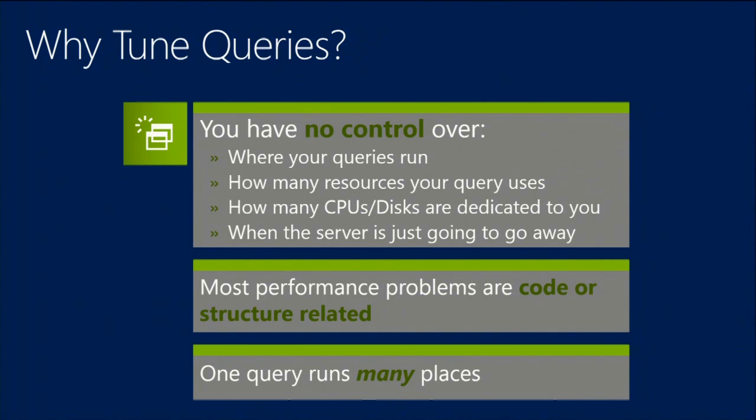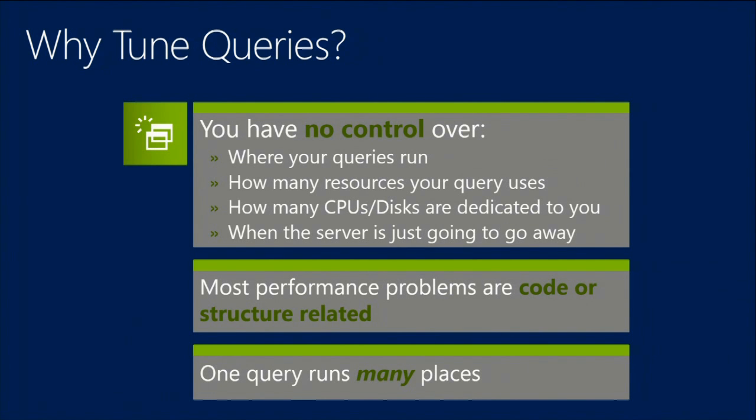But in the Windows Azure SQL Database, we have no control where our queries run. We have no control right now over how many resources are dedicated to our query, how much RAM we have, how much CPU is given to our query. And if our query is written poorly, it may need more resources, which means Grant's taking more resources away from me. And we have no idea when our server may just go away.